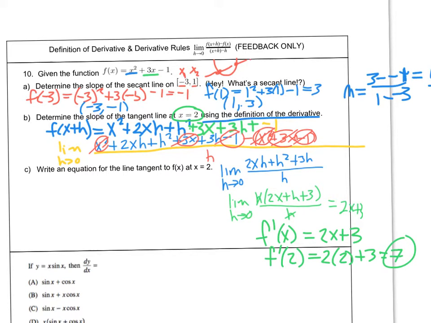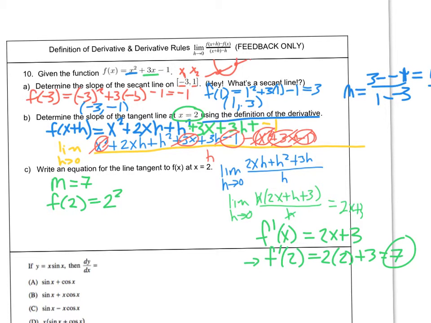For the third part, we've got to write an equation for the tangent line when x equals 2. I need a slope, and I need a point. The slope is going to come from my derivative. Derivatives are slopes of tangent lines. So when we did that, we actually found the first part of this equation. The second part is I need a point. And to do that, I need to find f of 2.